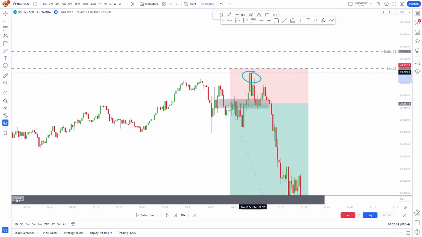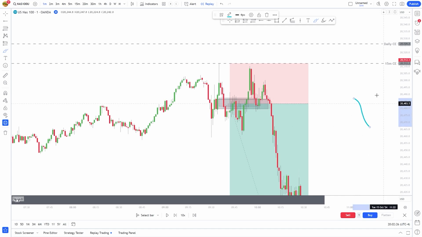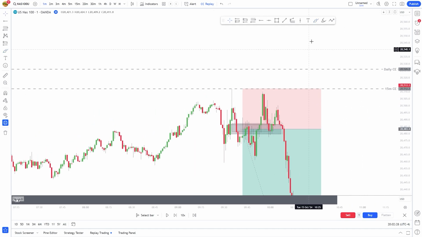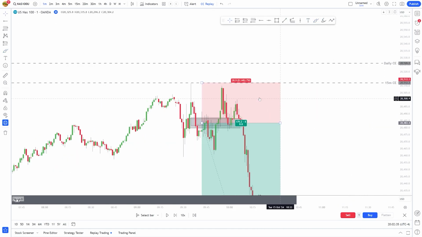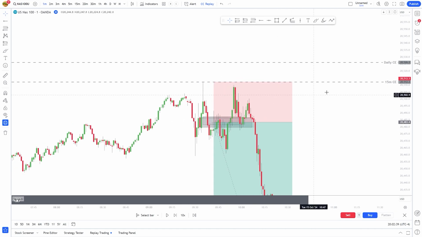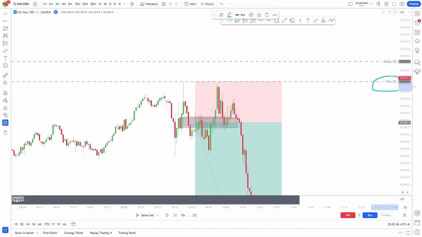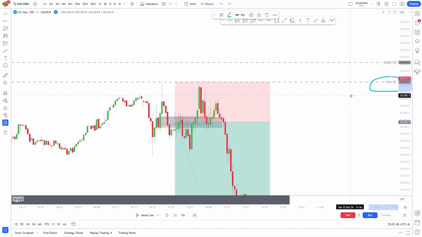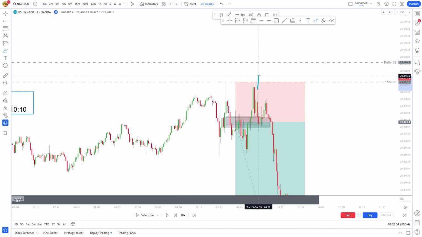Because when you're trading this live and you see price withdraw so much toward your stop loss, it can get uncomfortable. And this is also why it's very, very important to place a good stop. So our stop was at this 15-minute consequent encroachment level, which we have already determined to be a key level of importance. So if price does hit this level, we're completely fine with getting out.